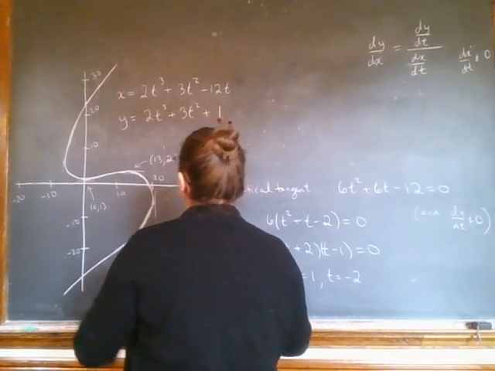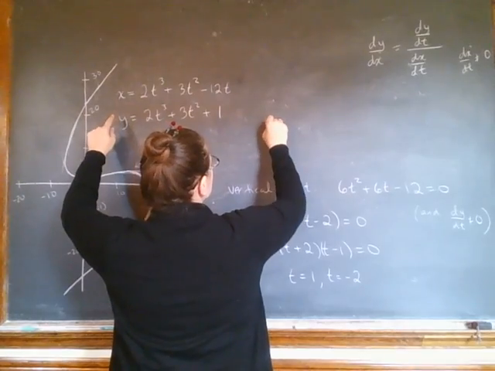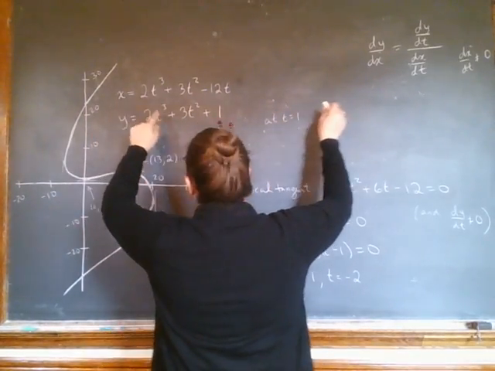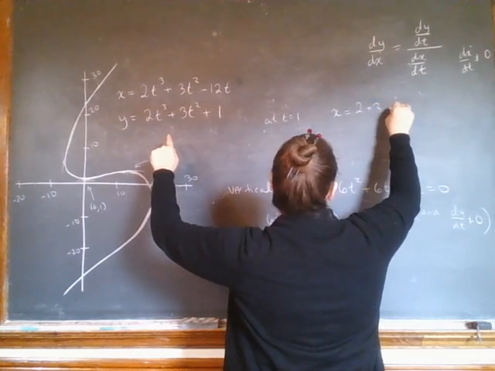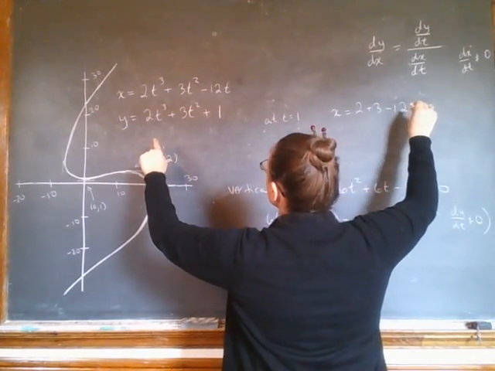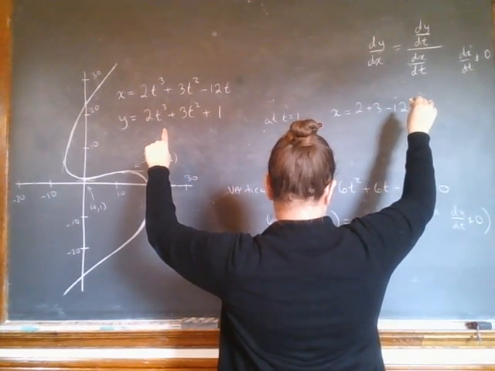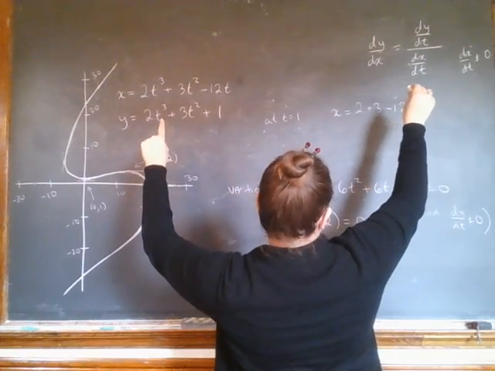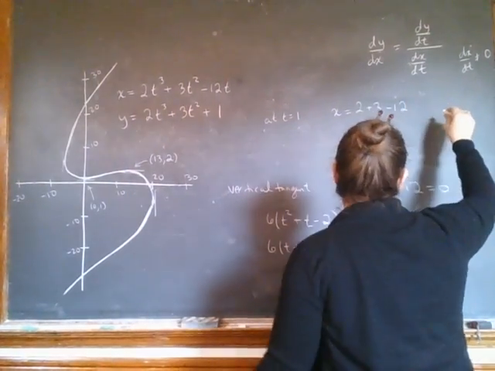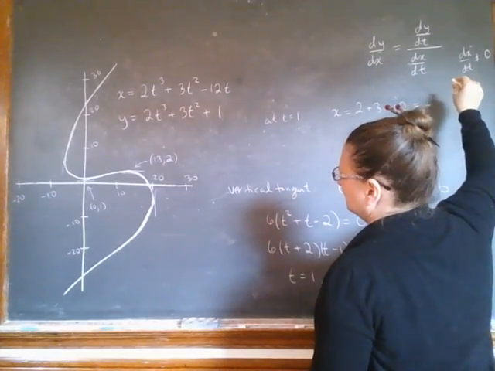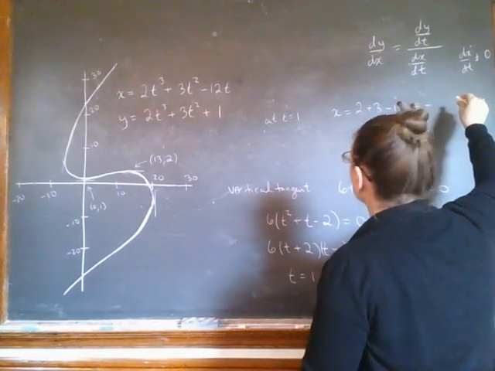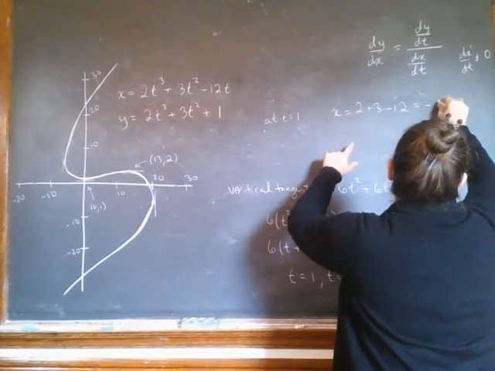So let's plug those in. Okay, at t equals 1, x is 2 plus 3 minus 12. Okay, so not quite -10, right? -9.